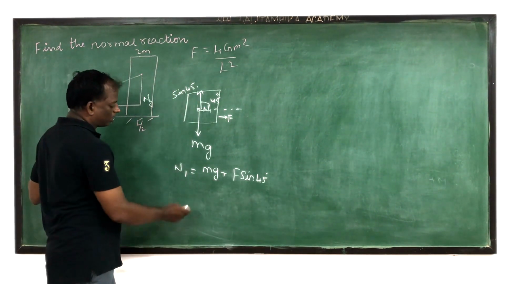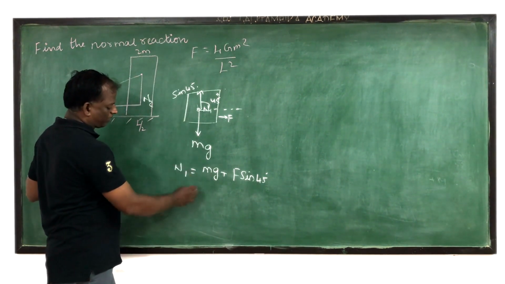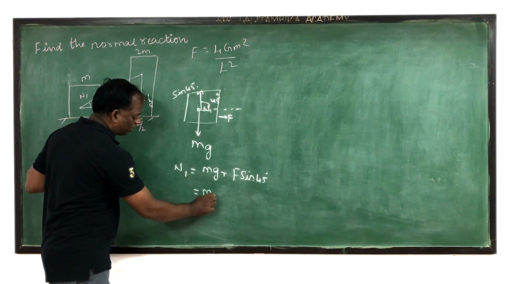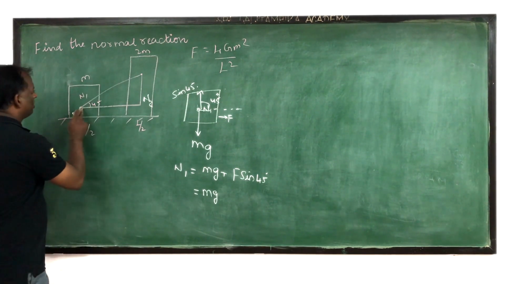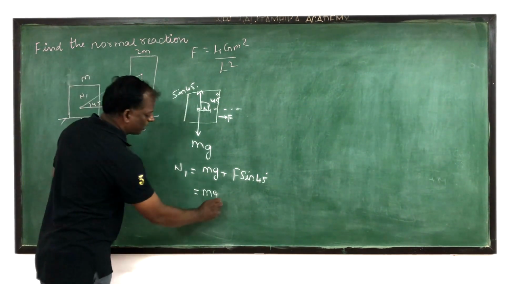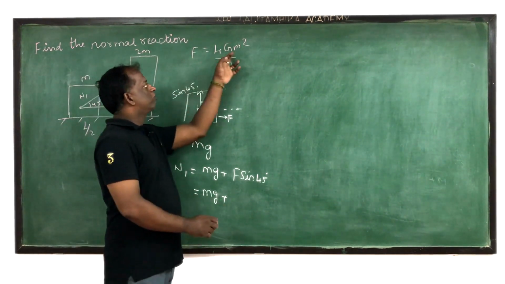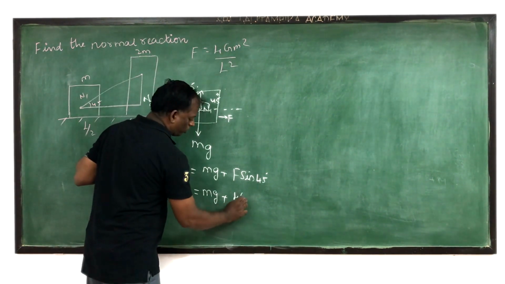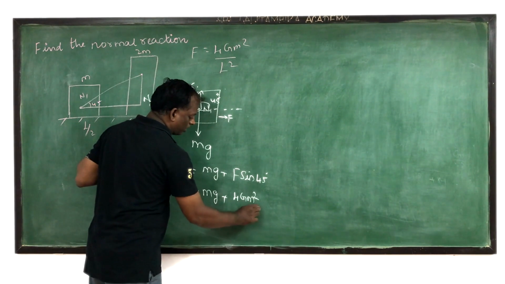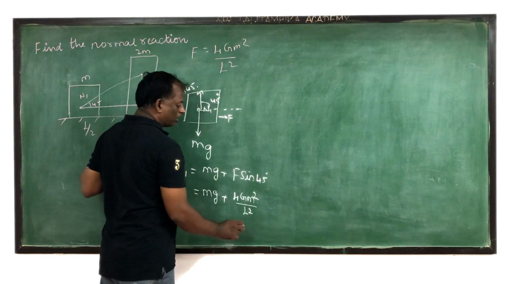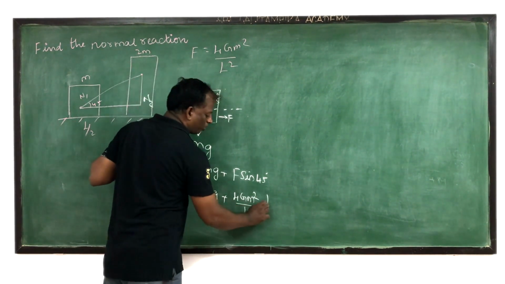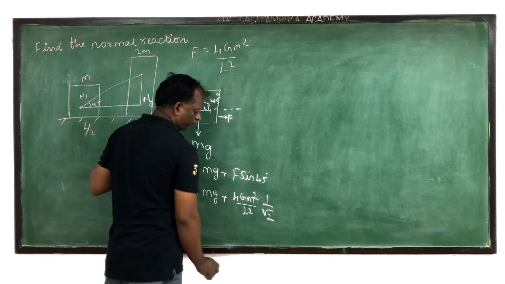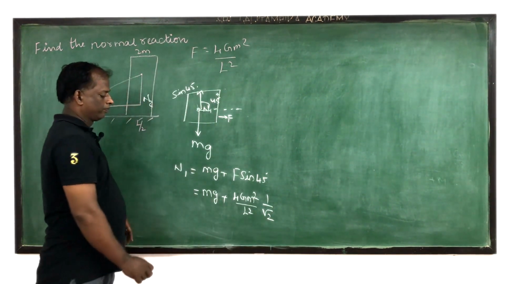What is mg? We can write it as mg, because this is small m. Then plus what is F? The value of F is 4Gm square divided by L square, into sin 45, 1 by root 2.